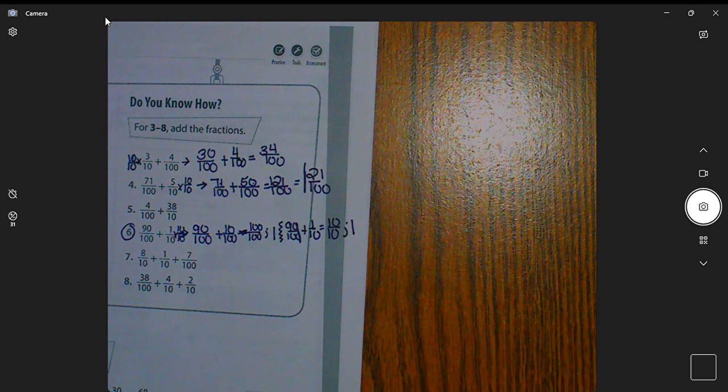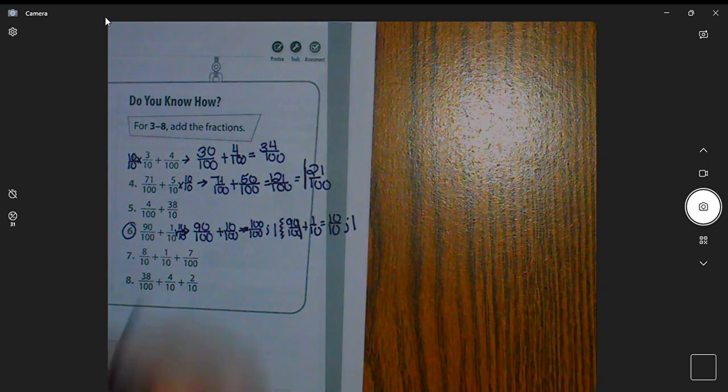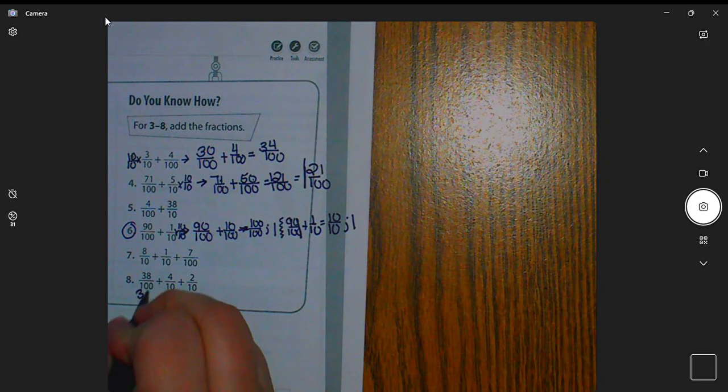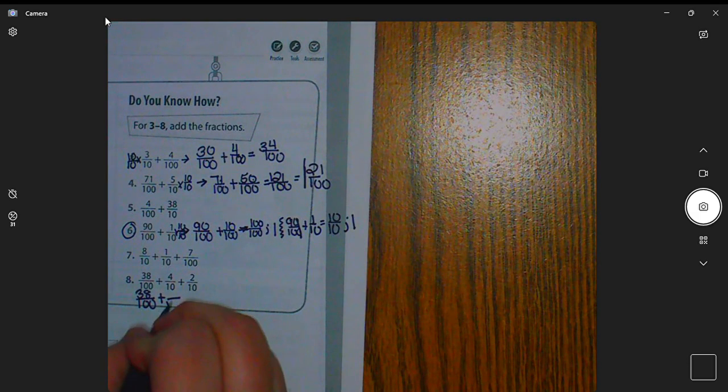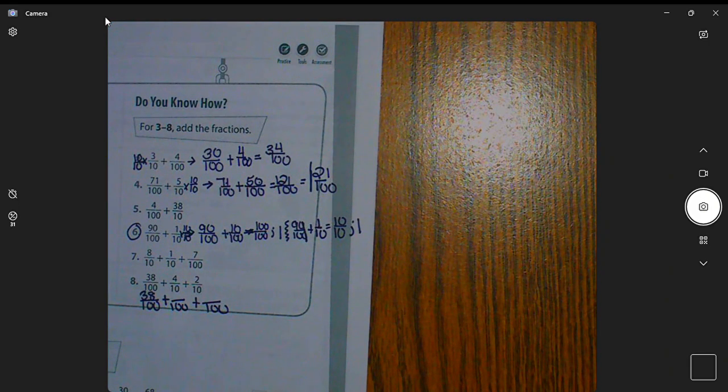All right, let's look at number 8. 38 100ths plus 4/10 plus 2/10. I'm going to change my tenths to 100ths. So I'm going to come below and I'm going to keep my 38 100ths the same. I'm going to change both of these to hundredths. 4 times 10 is how much?